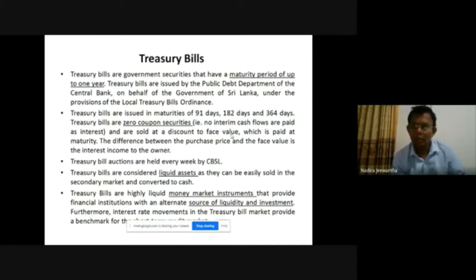So basically 9,000 is the amount you are asked to invest. So that amount is found out how?